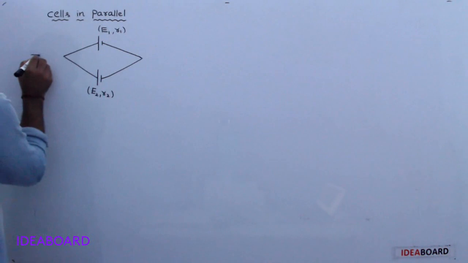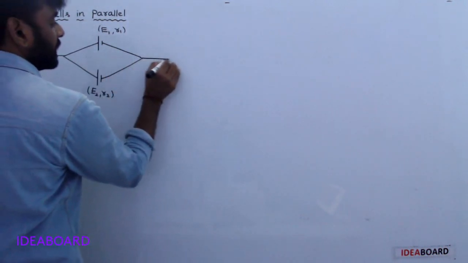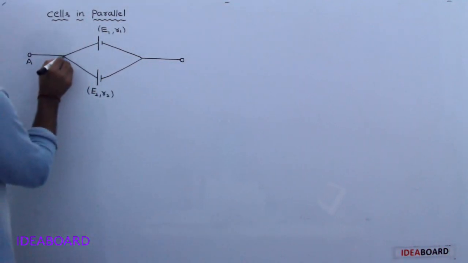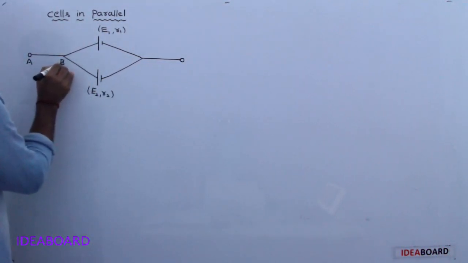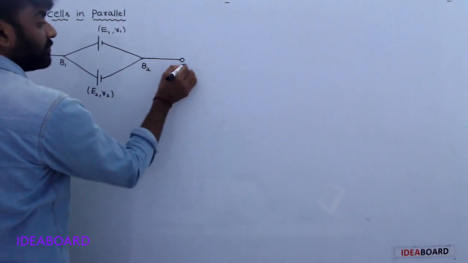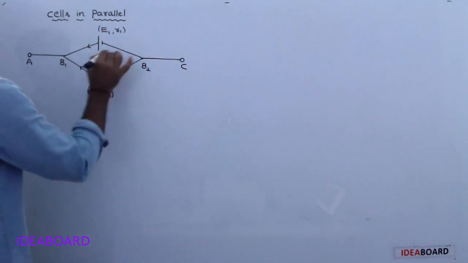These terminals are A, B1, B2, and C. The passing current is this one.